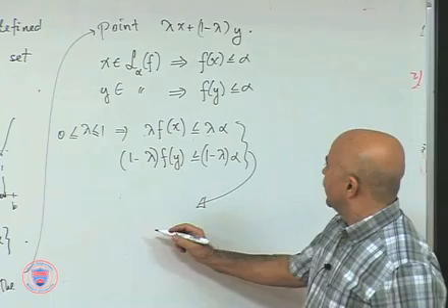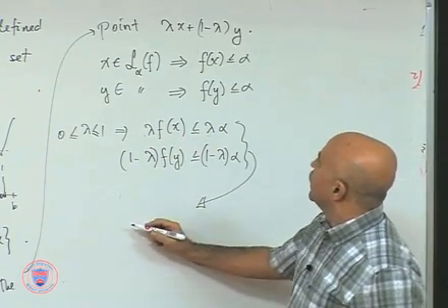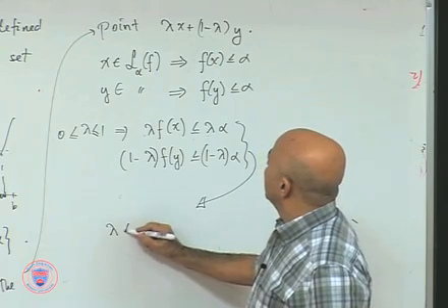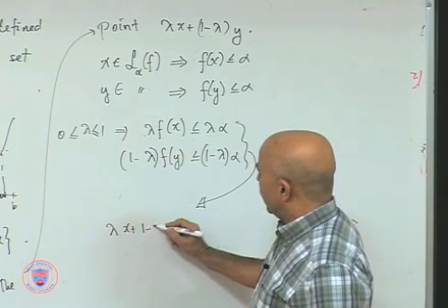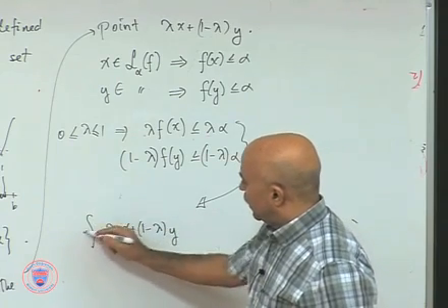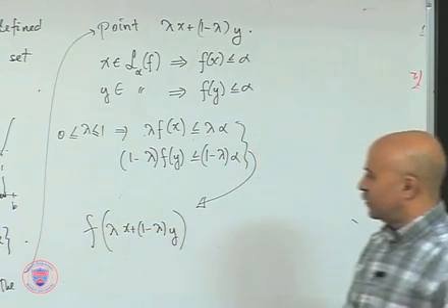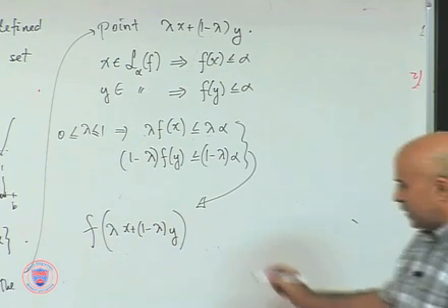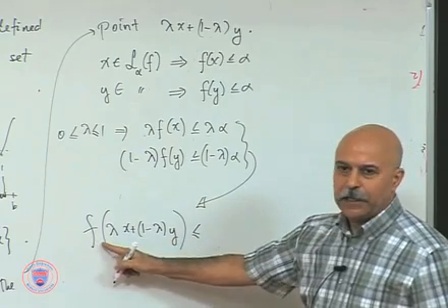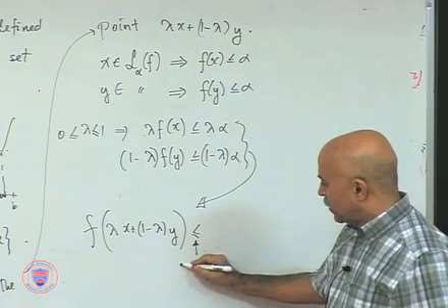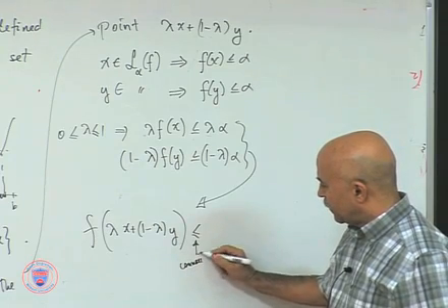Which together, of course, implies, what does it imply? That the point lambda x plus 1 minus lambda y, the f value of this guy, is less than or equal to, what do we know about the function? It's convex. So we're using the convexity of f here.